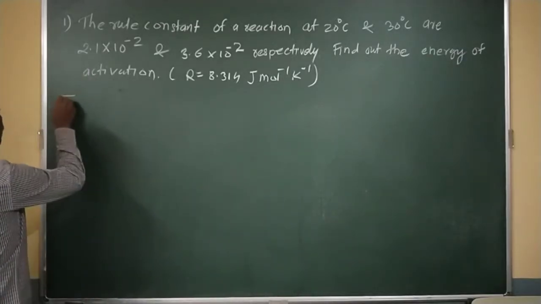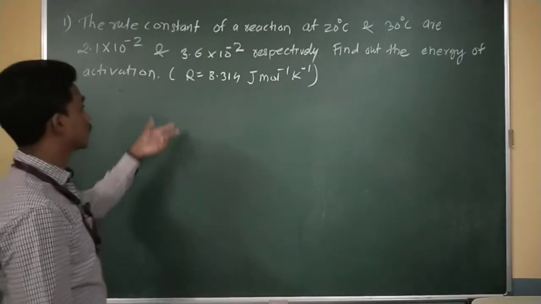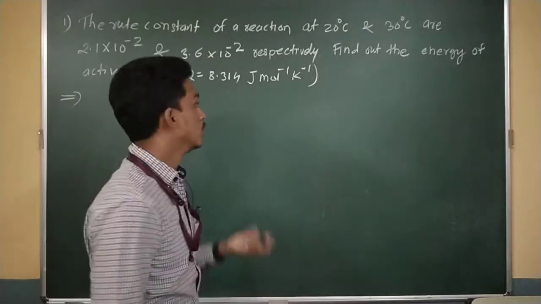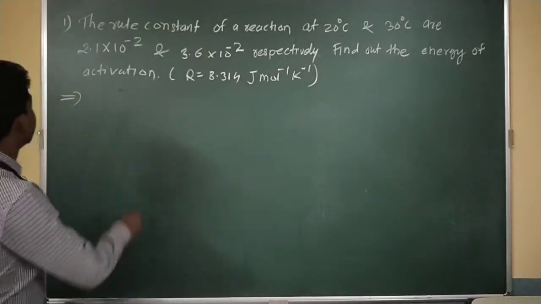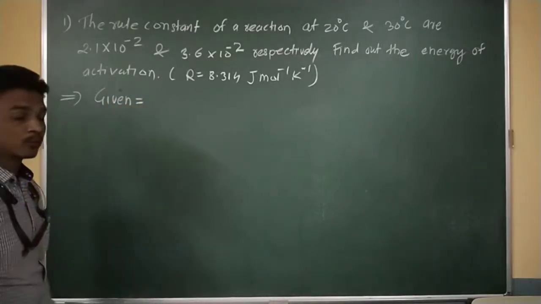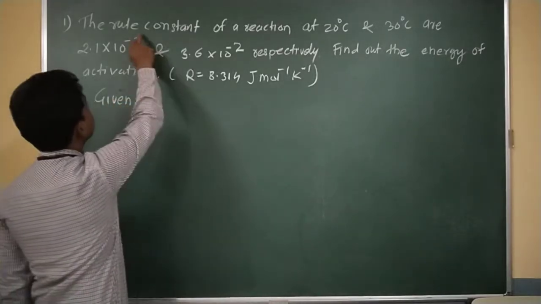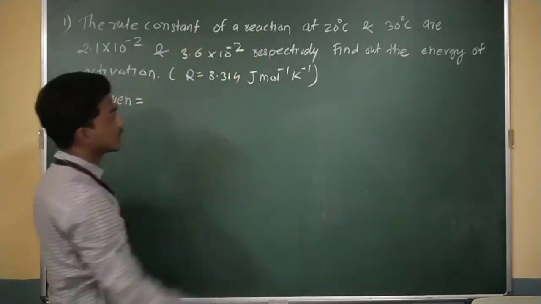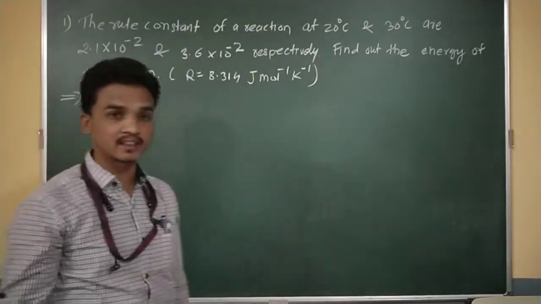So if such type of question is asked in your exam, your answer should be like this. First you have to write the given data. Here the rate constant of the reaction is at 20 degrees Celsius and 30 degrees Celsius.